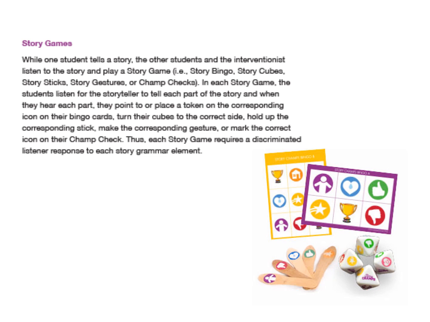So if you use the bingo card, each kid just gets a bingo card. Each kid would get 1 cube. But with the story sticks, each child would need all 5 story sticks: 1 that has character, 1 that has problem, 1 that has feeling, 1 that has action, 1 that has ending, and so forth. And we encourage that the interventionist and the other children who are listening to the story have the games to play while the other one is telling the story.